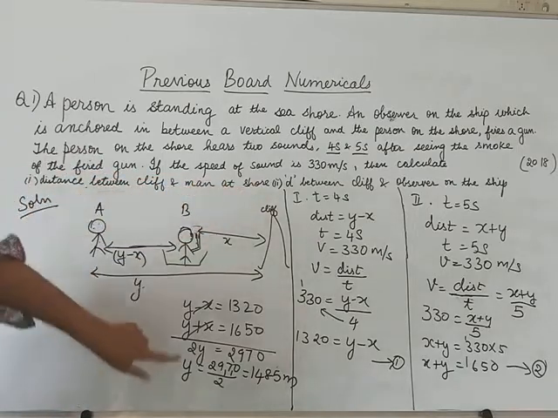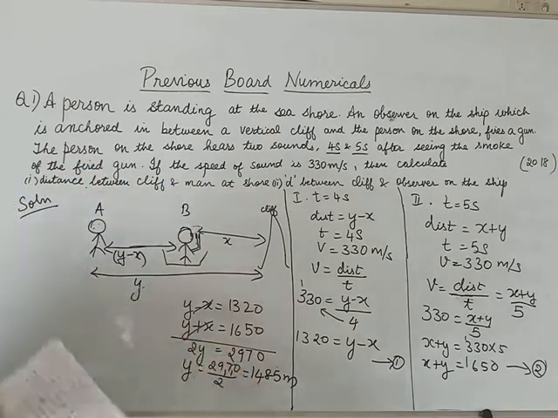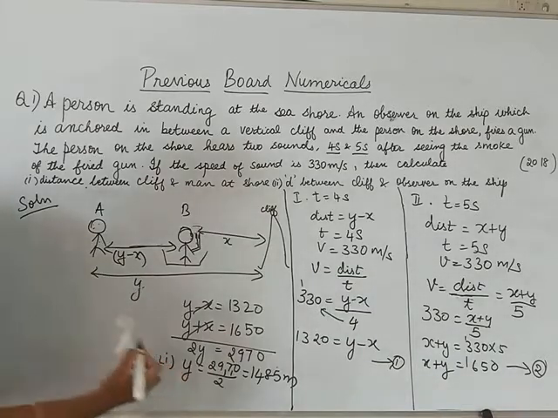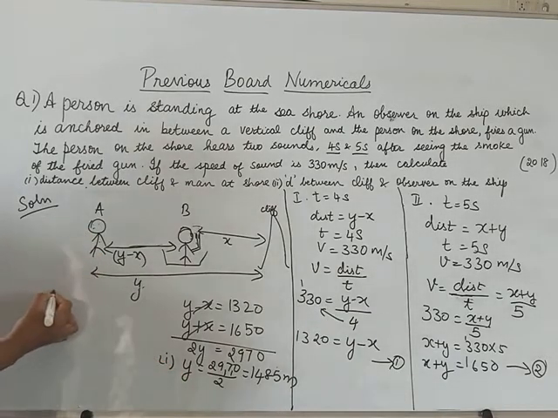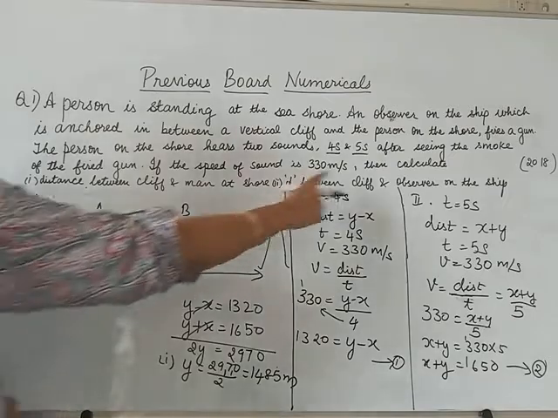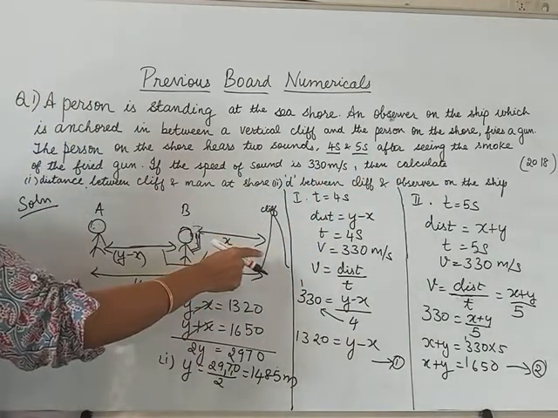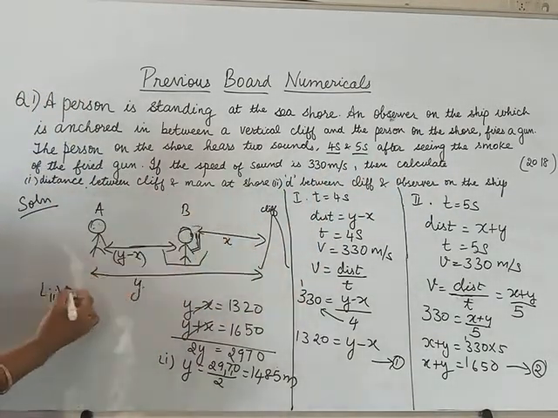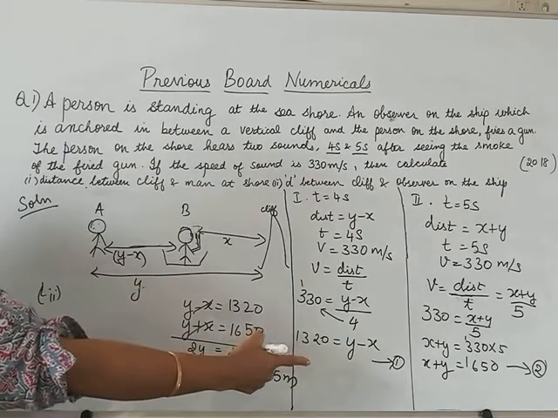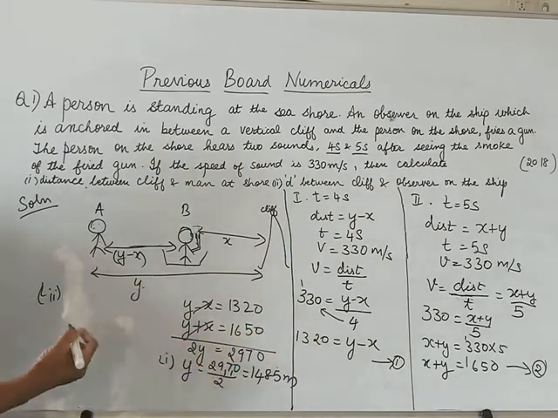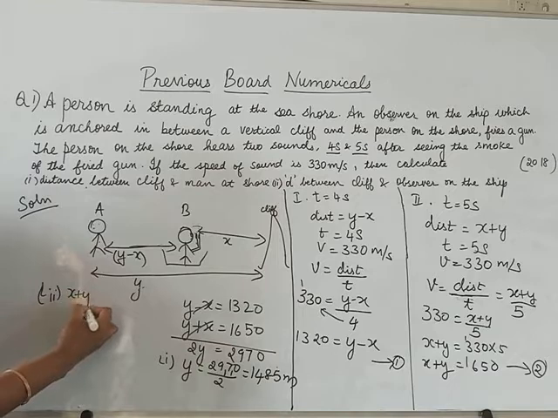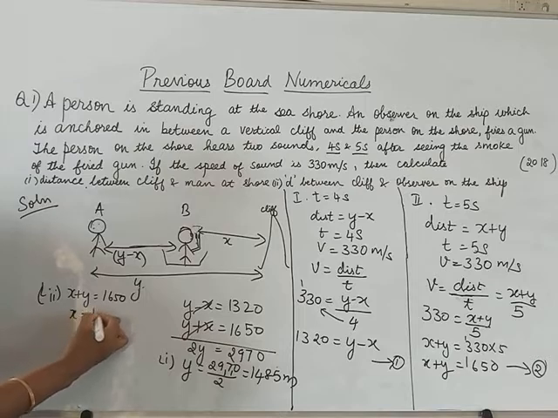So this distance, the distance between the cliff and the observer, the man at the shore, that is y, that is 1485. This is the first part. And the second part, the distance between the cliff and the observer on the ship, that is this distance x. So you can put in any one of these equations and calculate x. So x plus y is 1650. We can take that equation. So x will be 1650 minus y.